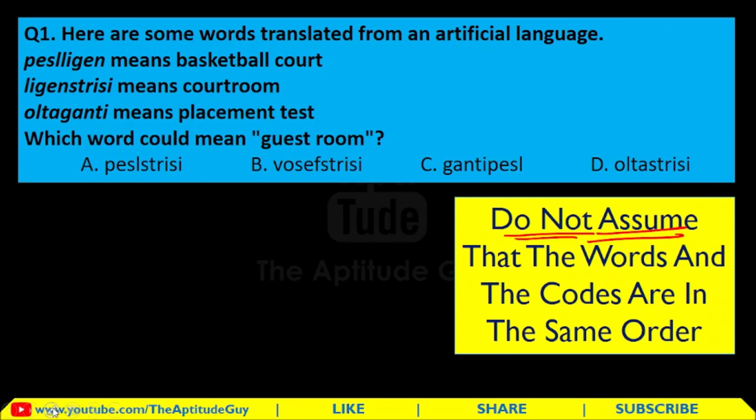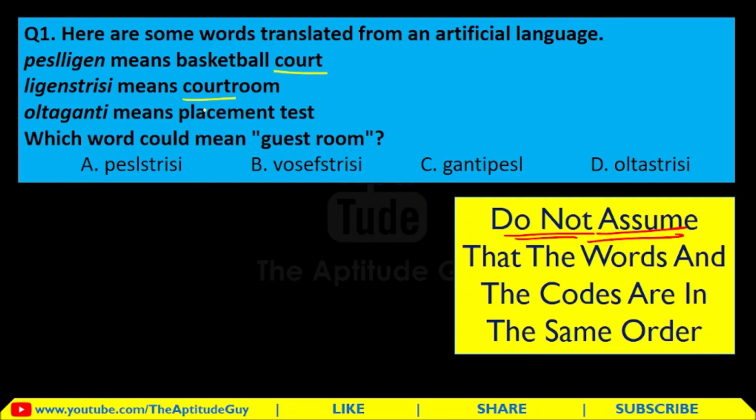Alright, let's try to solve this question now. If we cannot assume that the words are in the same order, how do we figure out which word means which word? In order to figure that out, we have to compare everything and see what turns out to be common. For example, basketball court, court room. What is common?